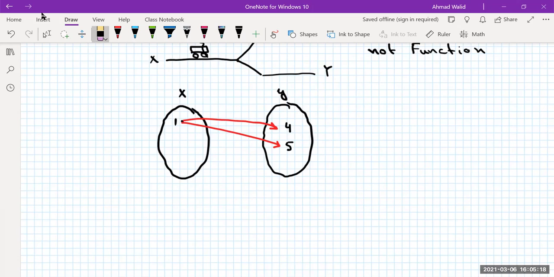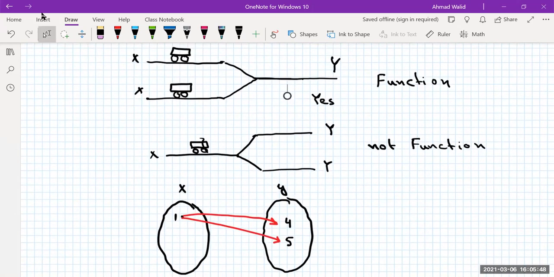Or in simple language, when you see repeating X in a set of ordered pairs or relations that they give to you, and they ask you which relation represents a function, if you see repeating X, that is not a function. It's okay to have repeating Y because repeating Y is this one. But if you see repeating X, it means that's not a function.